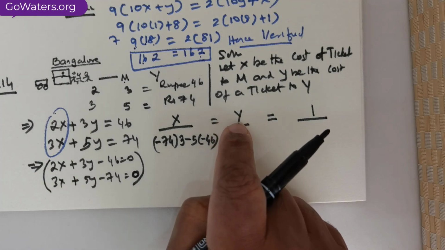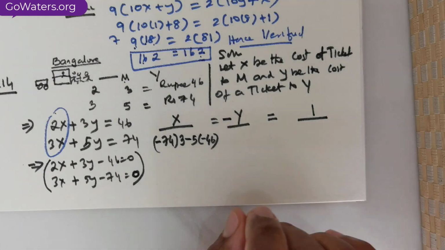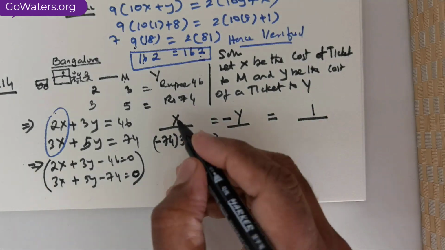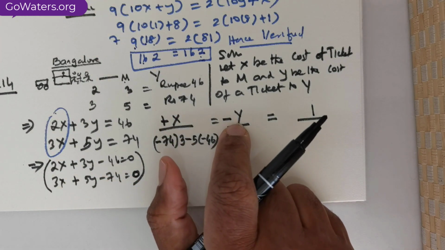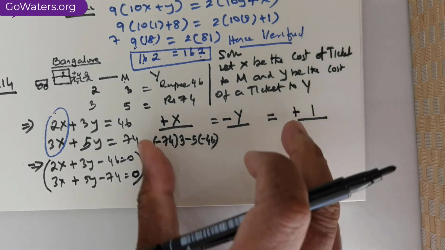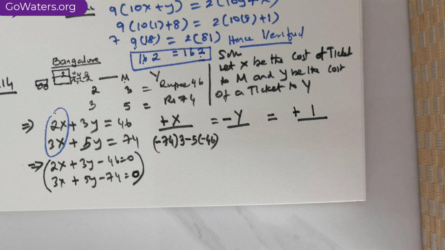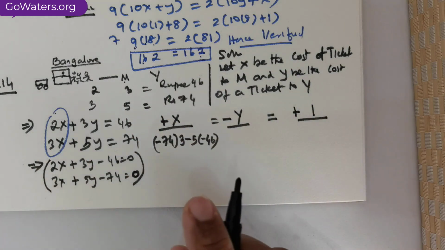Now when you come to y, you carry a negative sign. So the pattern is you start with plus, then follow it up with a negative sign, and then plus. This is the pattern for cross multiplication. Once you do this, you don't have to worry about any other signs.